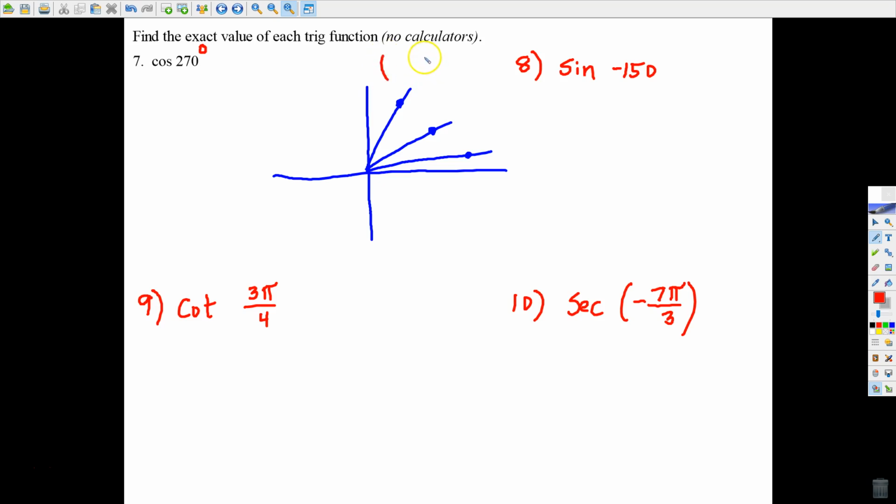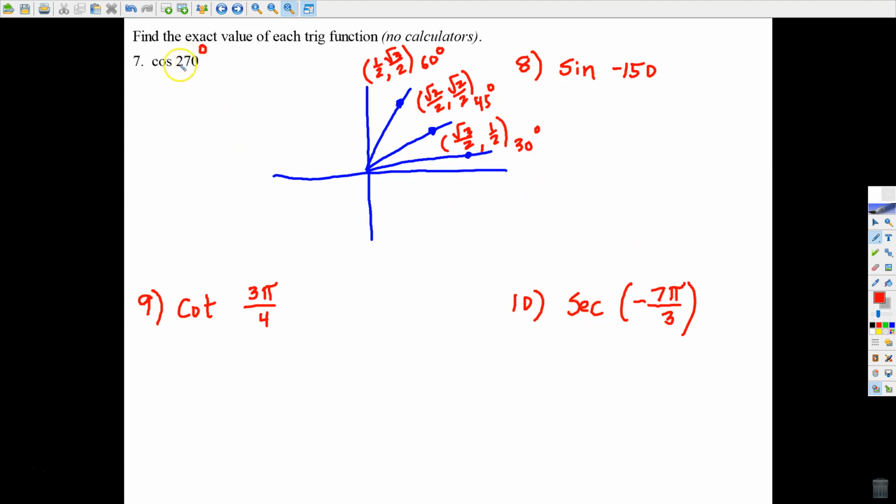So remember, for this 60-degree angle, this is 1/2, meaning cosine is 1/2, and then square root of 3 over 2 sine. For this 45-degree angle, they're both root 2 over 2. And for this 30-degree angle, it's root 3 over 2 for cosine, 1/2 for sine.